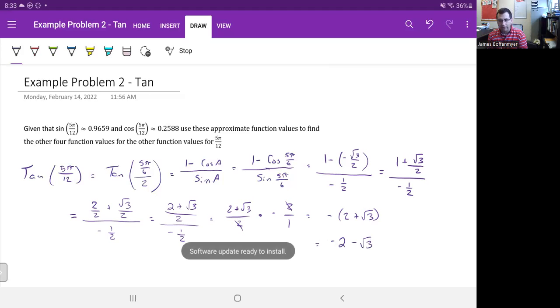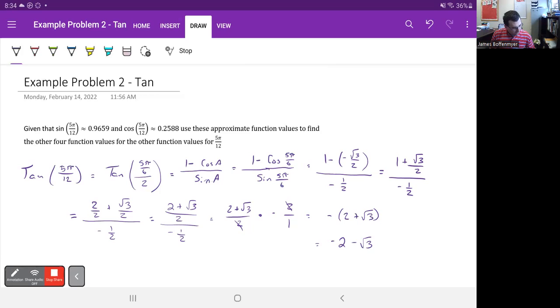And whatever decimal value that is, that's actually what my math lab would want you to put in, because they want the approximate function values. So whatever decimal number that is, you can just throw that straight into the calculator, and that's where your function value would be.